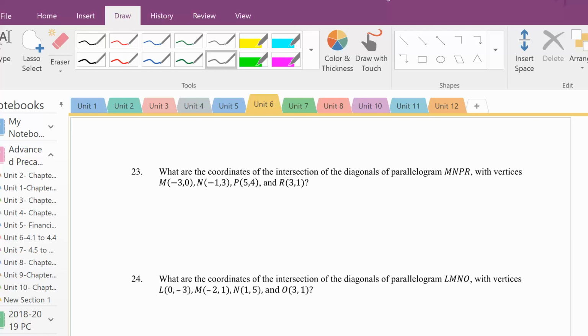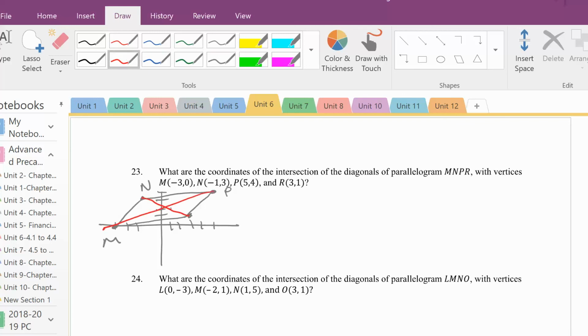Well, in MNRP, if you were to draw it, here's M, N is (-1, 3), P is (5, 4), and R is (3, 1). So your parallelogram looks something like this. So the diagonals, remember, go across.